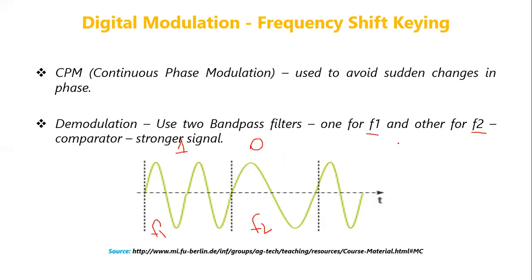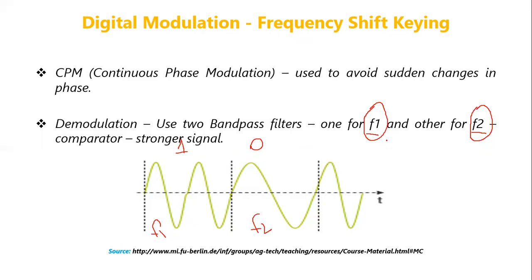So we'll be using two band pass filters. One band pass filter will allow only signals within the range of f1, and another band pass filter will allow only signals within the range of f2. As we know, f1 means 1 and f2 means 0.